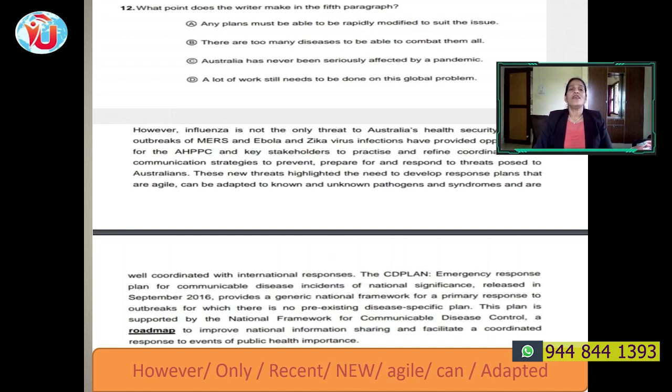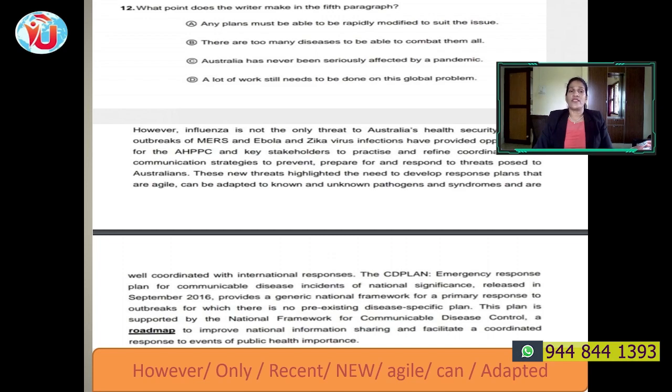Now as a QTA method, the question is read, go to the text. However, you see the contrast here. Influenza is not the only threat to Australia's health security. You see the point of the writer here. Recent outbreaks of MERS and Ebola and Zika virus infections have provided opportunities for the AHPPC and key stakeholders to practice and refine coordination and communication strategies to prevent, prepare for, and respond to threats posed to Australians.